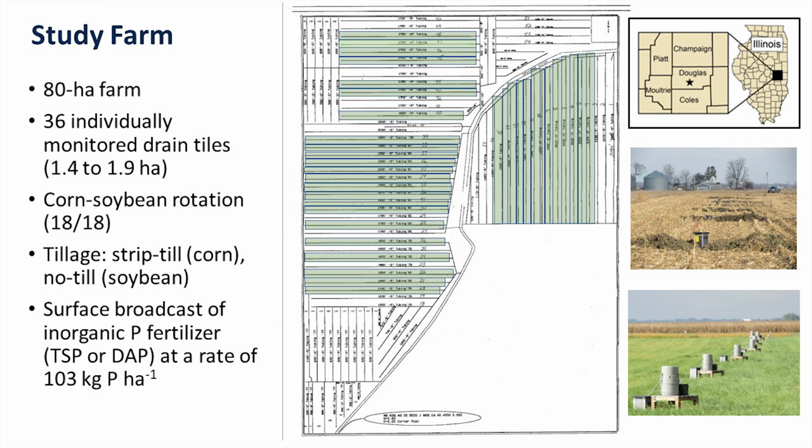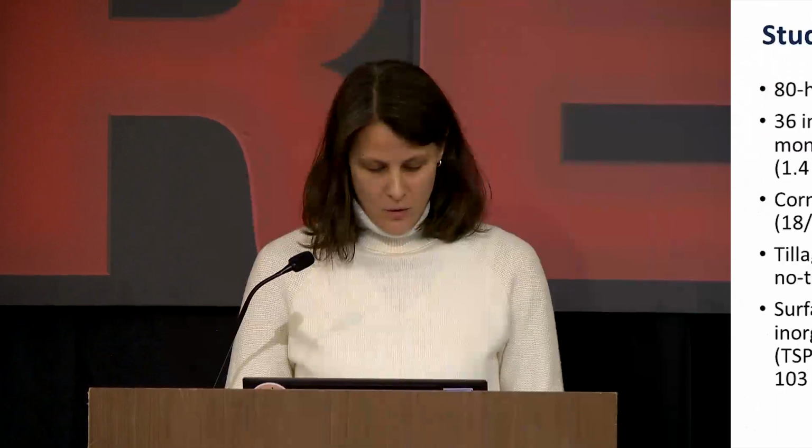Tillage was strip till or no till, and then a surface broadcast of granular fertilizer, P fertilizer as TSP or DAP, at a rate of about 92 pounds per acre. Okay, so just a little background. The figure here shows the arrangement of the tiles, and the ones highlighted in green are the instrumented tiles.